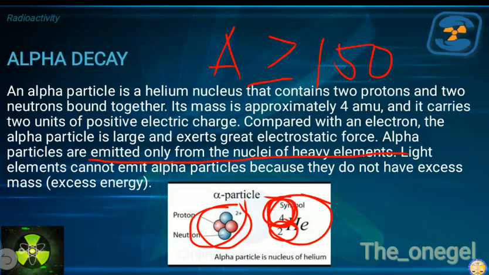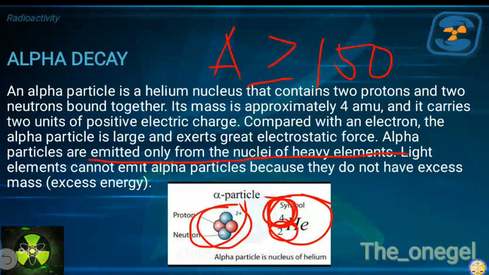Pag nakita niyo ang left superscript na lower than 150, di rin siya pwedeng mag-undergo ng alpha emission. Kailangan the left superscript or the atomic mass number should be 150 or above. Light elements cannot emit alpha particles because they do not have excess mass or excess energy.